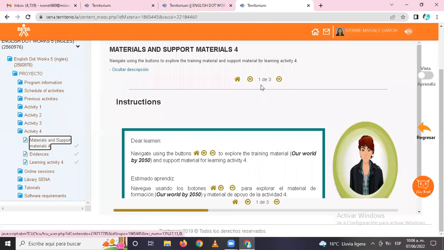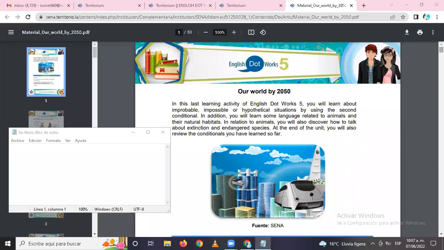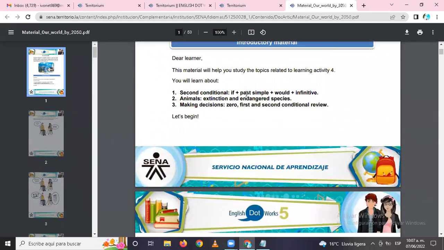The main material is called Our World by 2050. And the subjects we have for today are second conditional, past simple, would, infinitive.